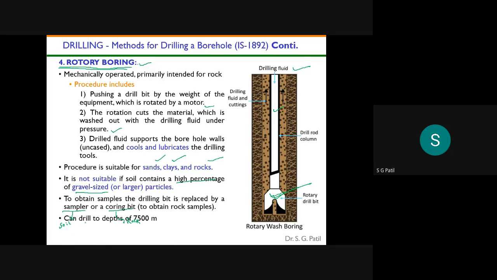The depth of the drilling can go up to 7,500 meters, which is a very huge amount, usually used in the oil industry. For geotechnical purposes, a depth of around 20 to 30 meters is enough. But in the oil industry, they go kilometers inside the ground. For that purpose, this rotary boring will be useful.